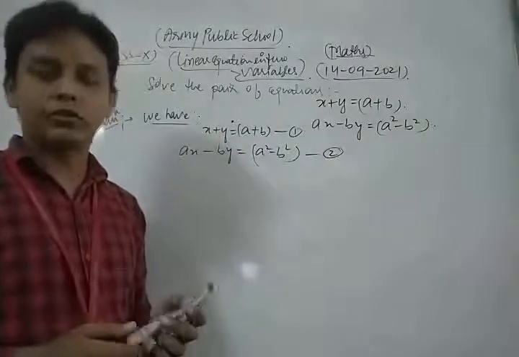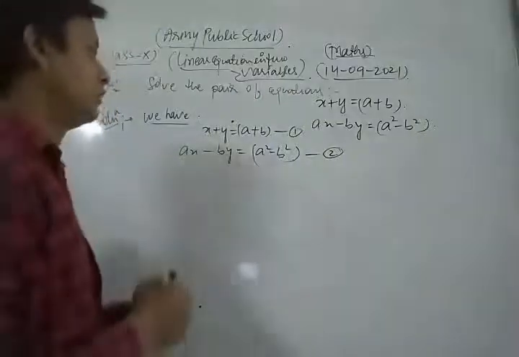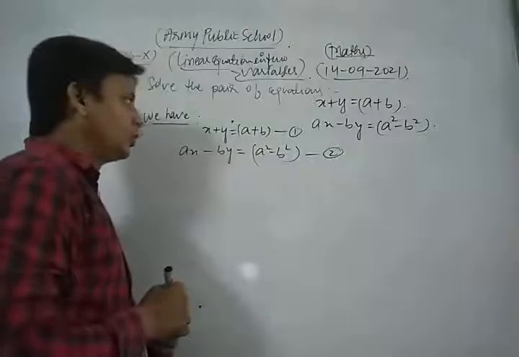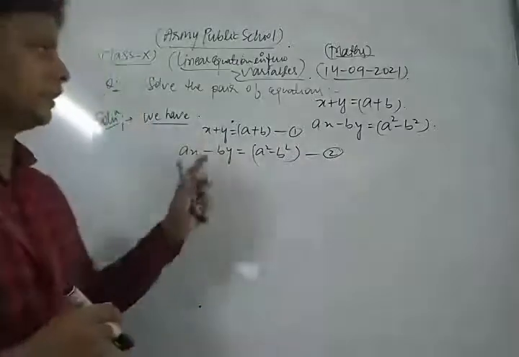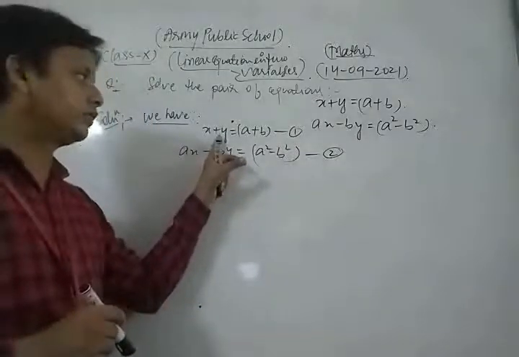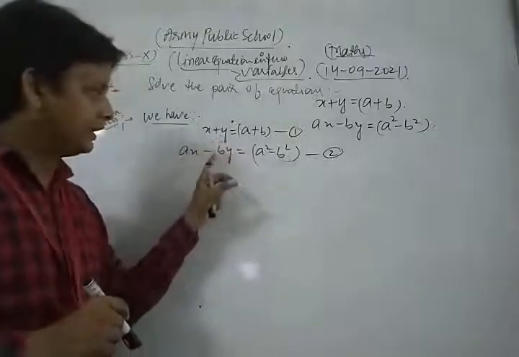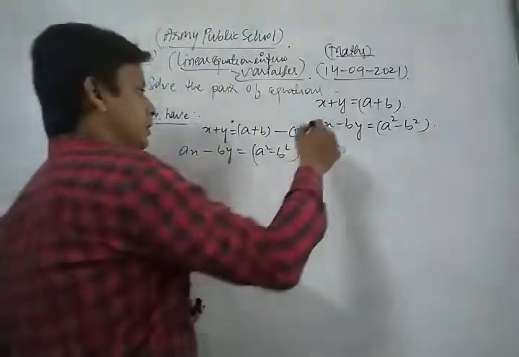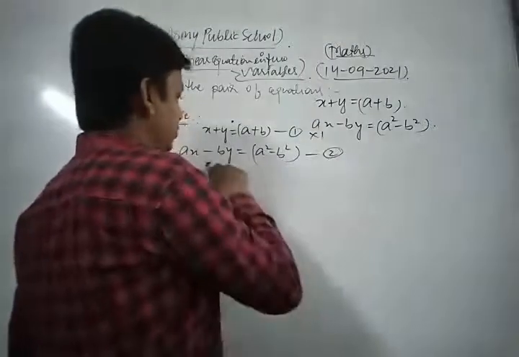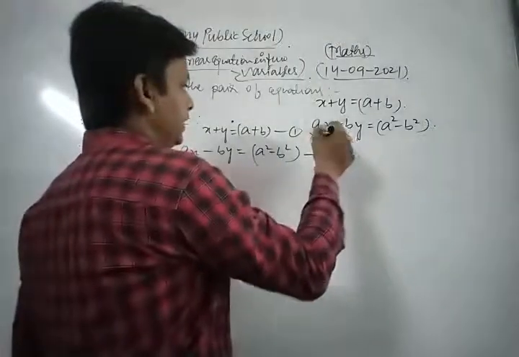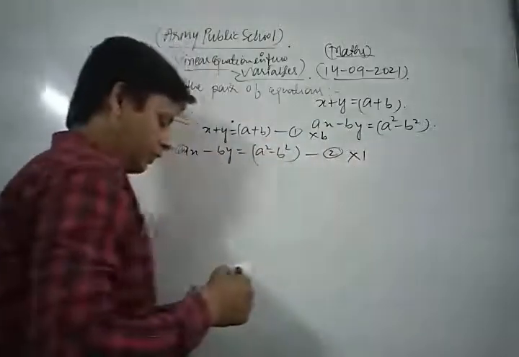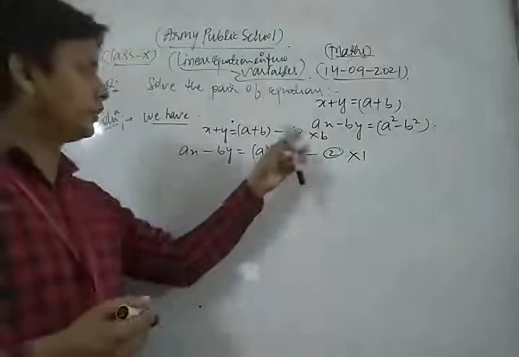Suppose that we equate the coefficient of y. The coefficient of y in the first equation is 1, and in the second equation the coefficient of y is b. So we multiply equation 1 by b, and equation 2 by 1, to equate the coefficient of y.